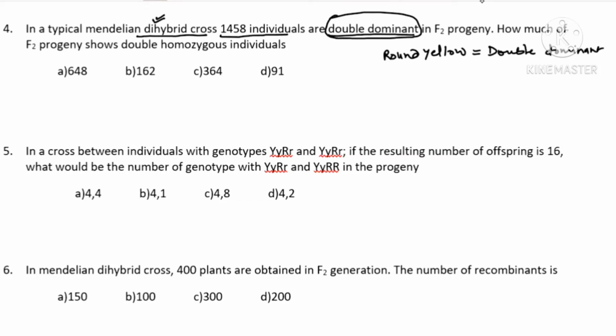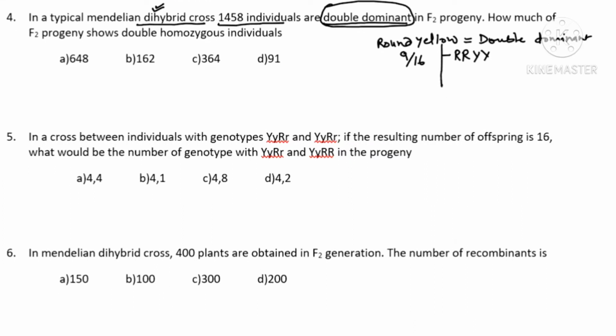In the Mendel typical dihybrid cross, you were getting 9 out of 16. Now the question is that we are getting 1458 individuals which are double dominant. Then how many will be double homozygous individuals? First of all, round yellow can have its genotype made this way: both homozygous.